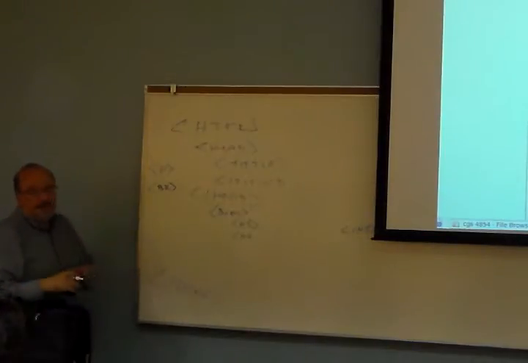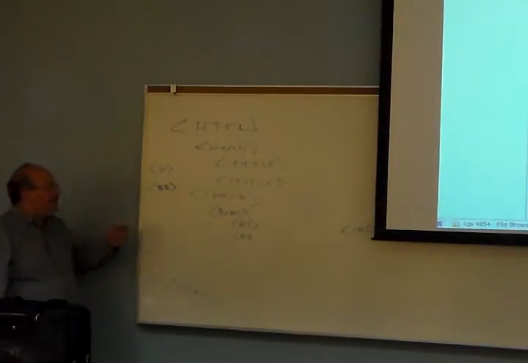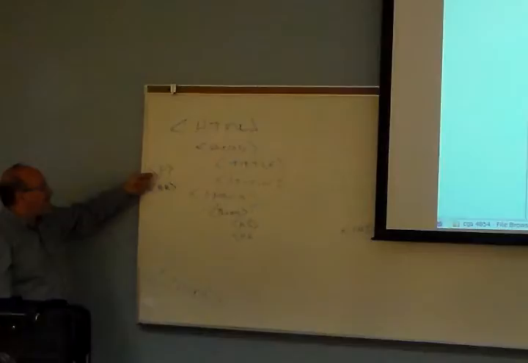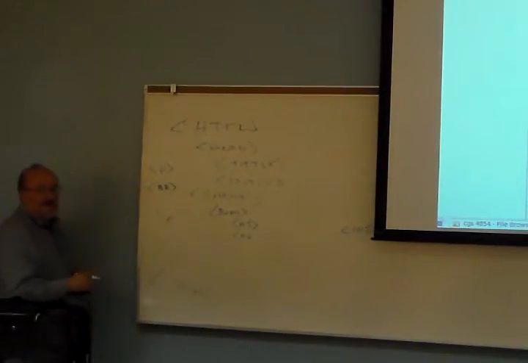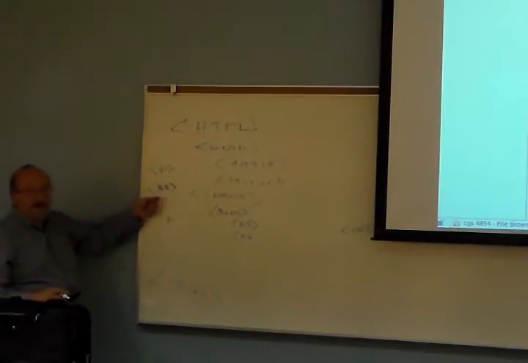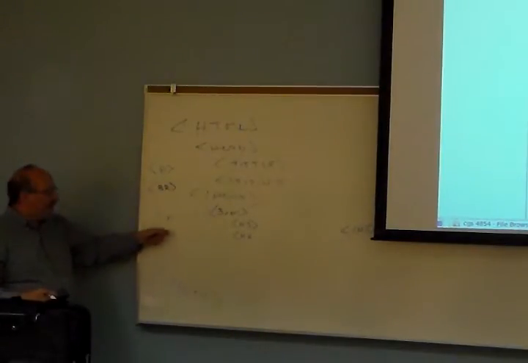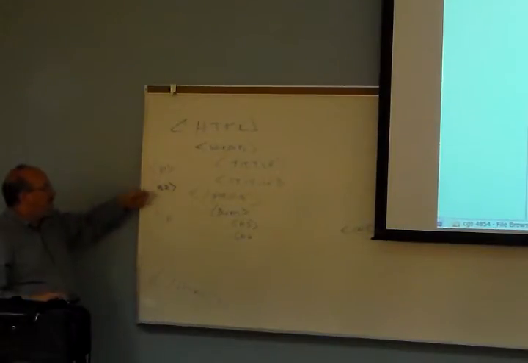Break and paragraph. This is, exactly, 2 of these guys. I'm going back to Java, the BR is exactly equal to this in regular Java, and this one is equivalent to 2 of these.